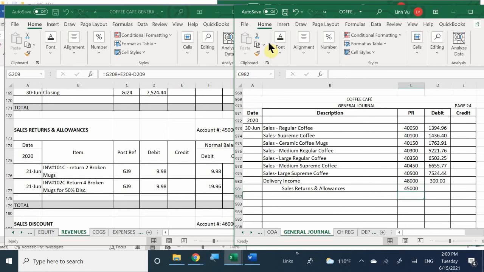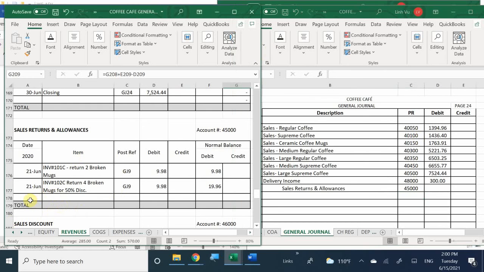Okay. And in this case, how much is my sales returns and allowances for? 1,979. Okay, so here, no, that's wrong. 1996. 1996. Oop, wrong side. 1996.